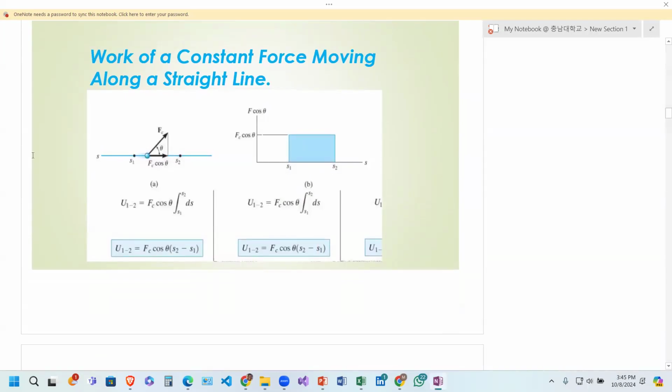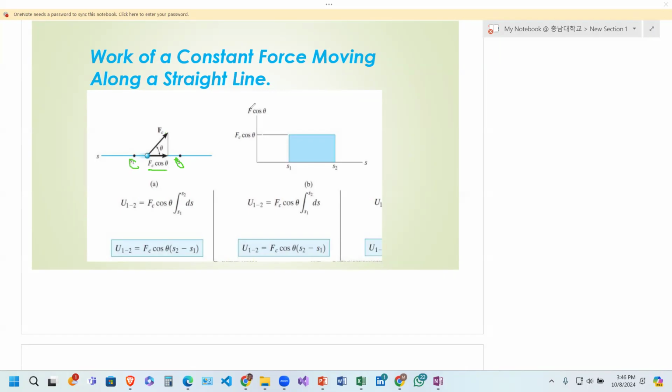Here, let's take an example. We have a constant force, Fc, pulling at an angle theta, moving this particle from S1 to S2. If we resolve this force, we shall have the horizontal component along the straight line, which is Fc cos theta.